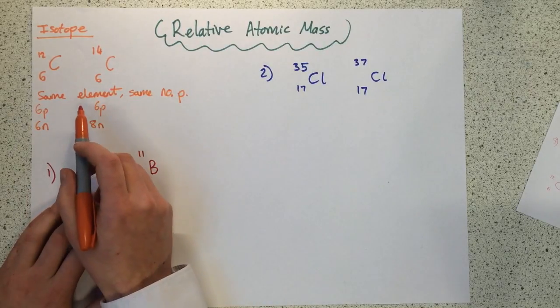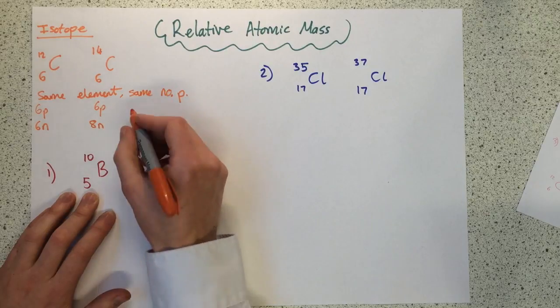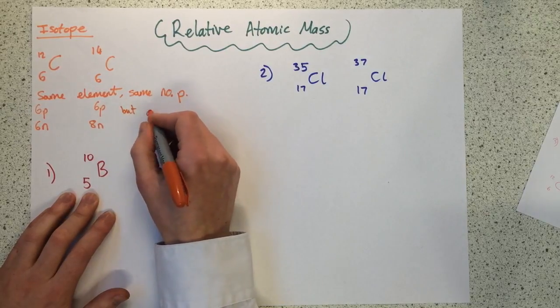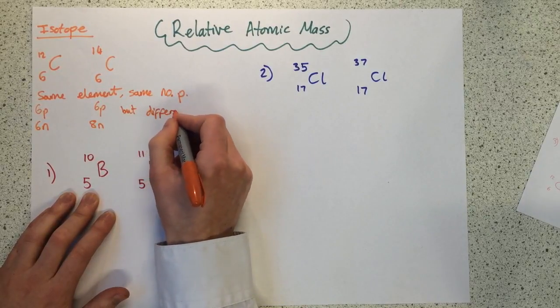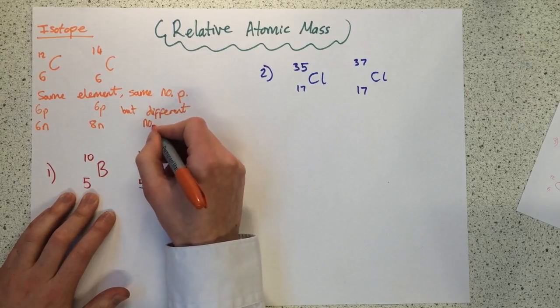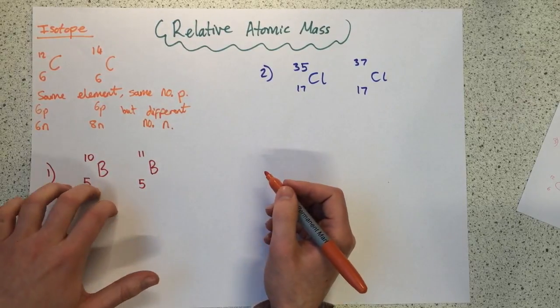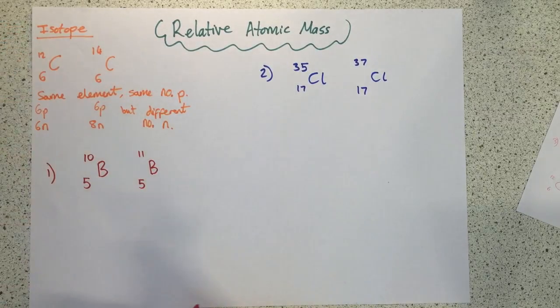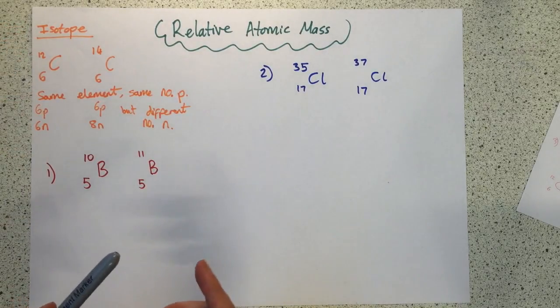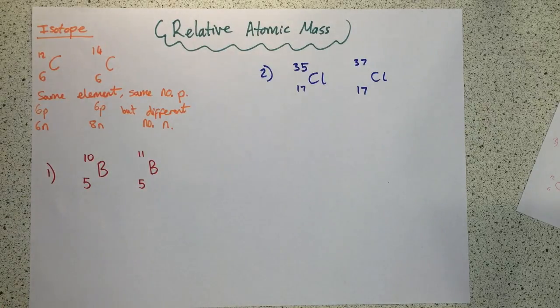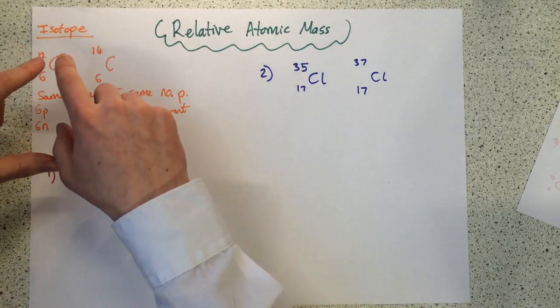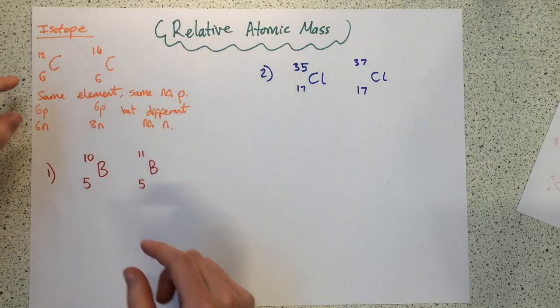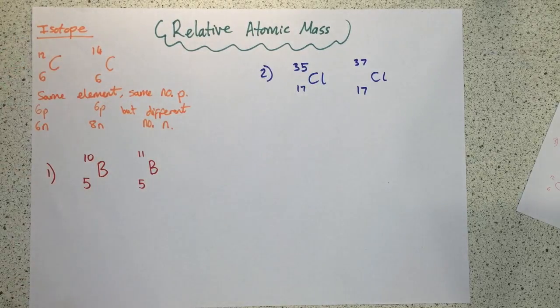So an isotope is the same element with the same number of protons, but a different number of neutrons. So, let's say we've got this carbon and this carbon. Now the relative atomic mass is the average of this carbon, even though some of it's that and some of it's that.